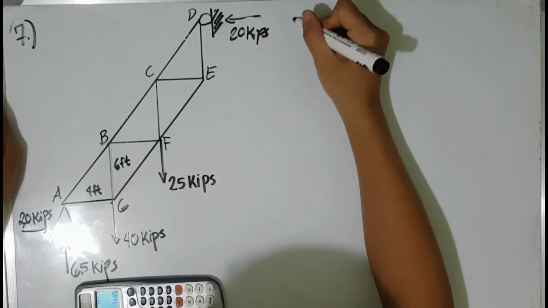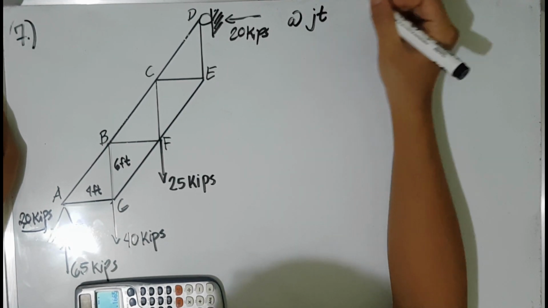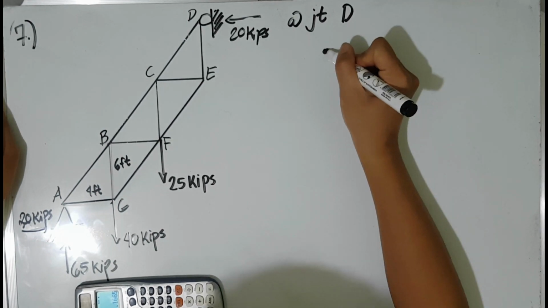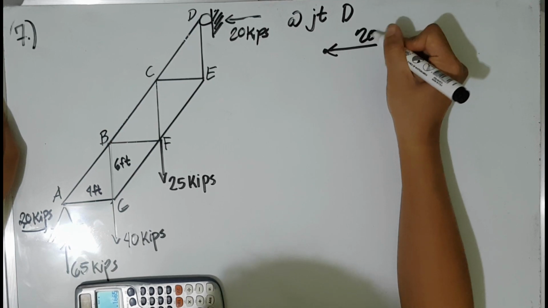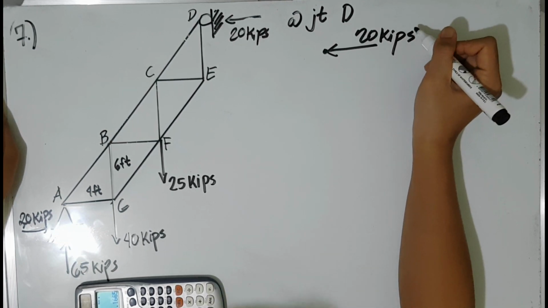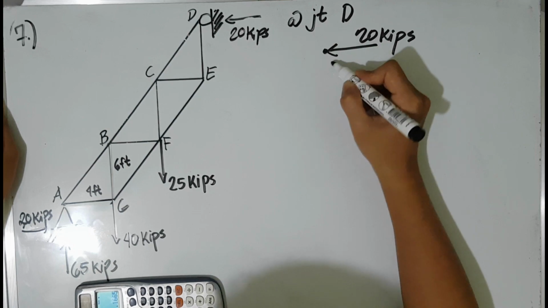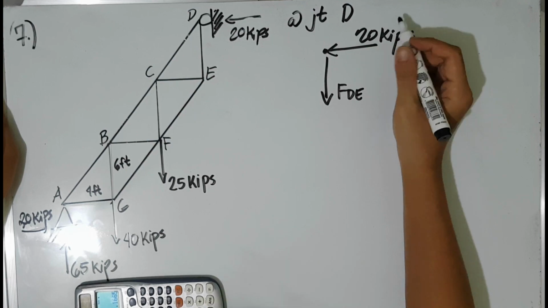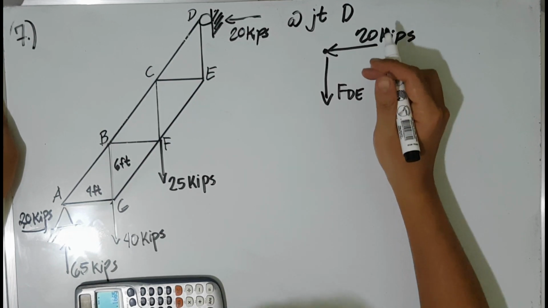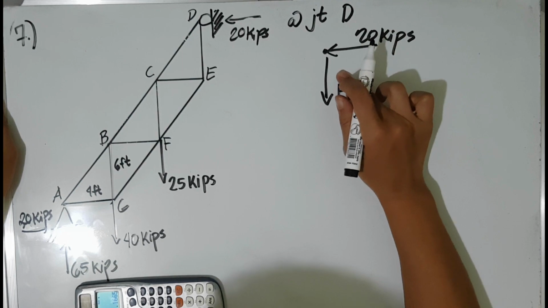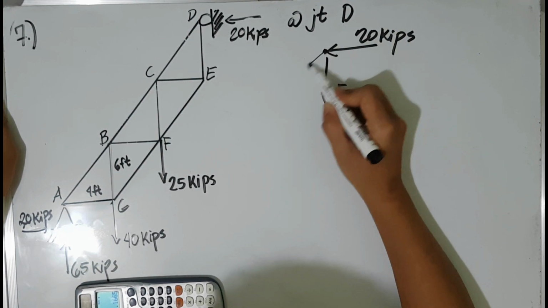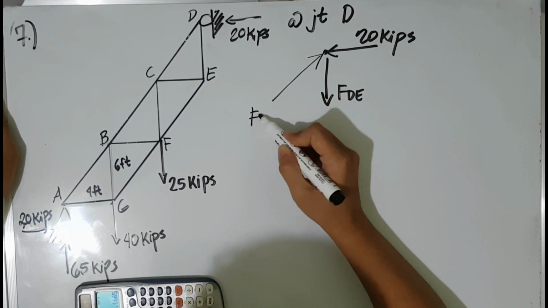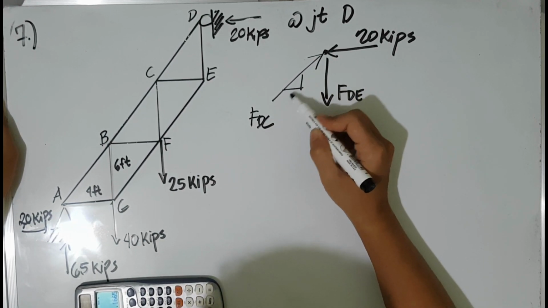So taking the joint D, drawing all the forces acting on joint D, force DE, and for the force DC we will assume that it is in compression, and the slope is 4/6 and then 2 square root of 13.